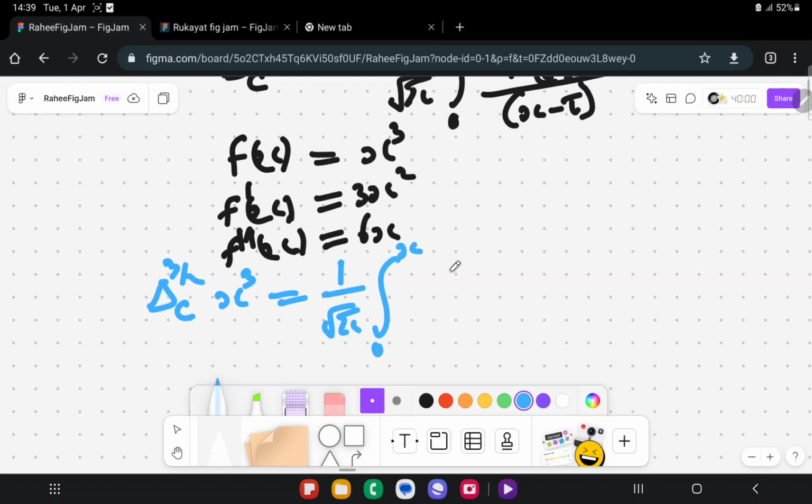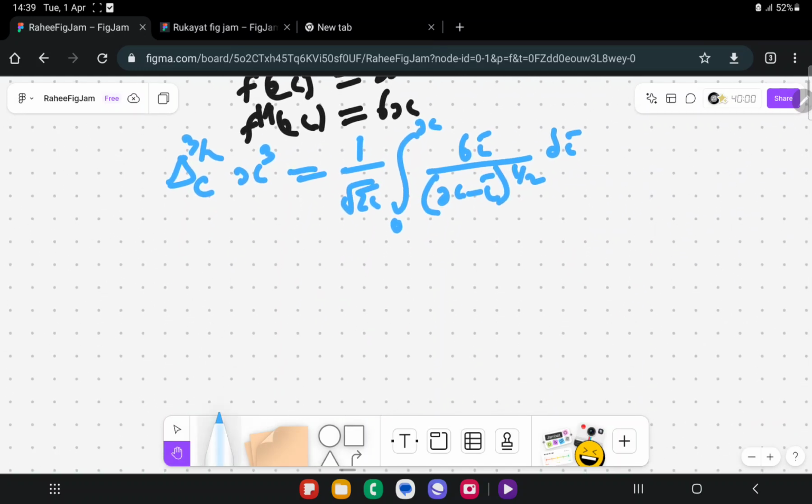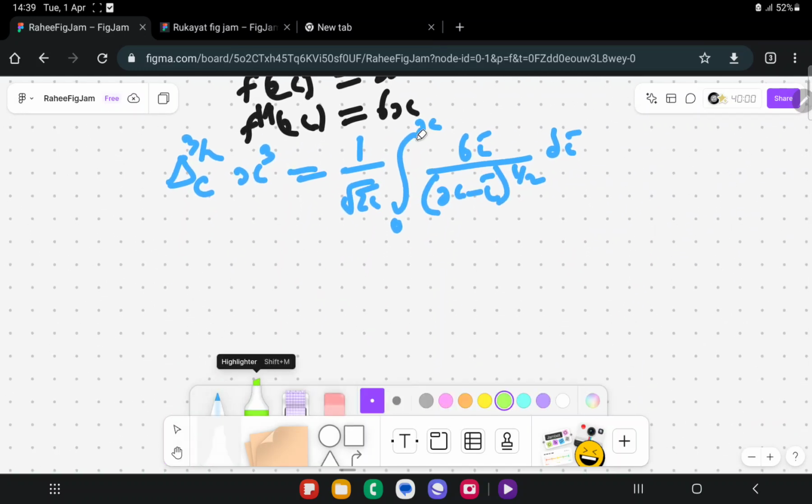Remember, f double prime is given to be 6x, so putting it in terms of tau, we have 6 tau over x minus tau raised to power 1 over 2 d tau. Now we are going to focus on just this integral. Let's solve this integral and see what we are going to get.